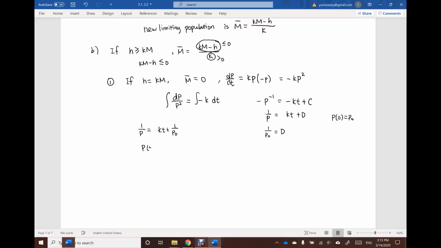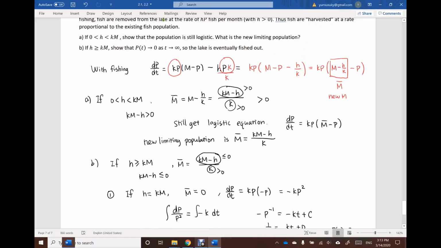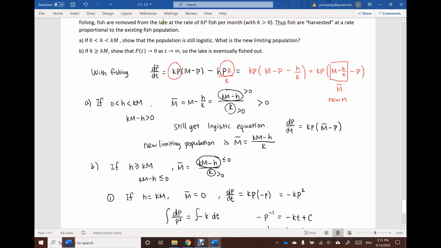Then P of t is 1 over (kt plus 1 over P0). You can see what happened when t goes to infinity. Our numerator is 1, and our denominator goes to infinity, so this goes to 0. And that's what we want. Part B, we want to show that P of t goes to 0 as t goes to infinity. So that's the first case.